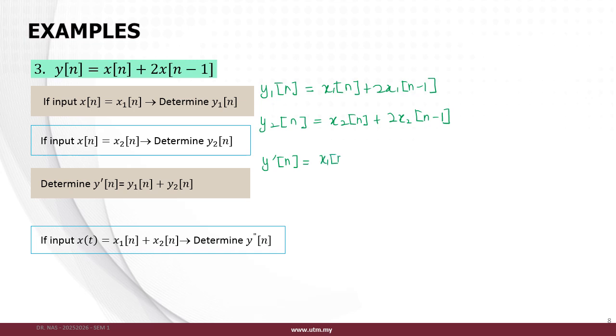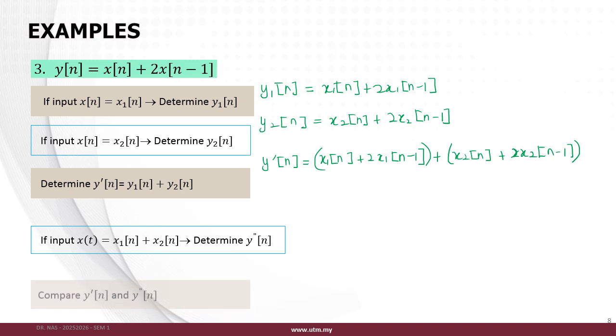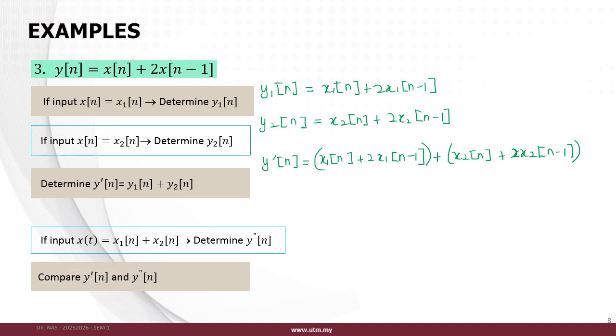So x1[n] plus 2 x1[n minus 1], this is y1, plus y2, which is x2[n] plus 2 x2[n minus 1]. So this is your y prime[n]. Next, determine y double prime[n]. So y double prime[n] equals your x[n] becomes x1 plus x2.